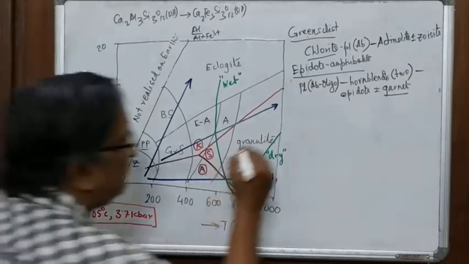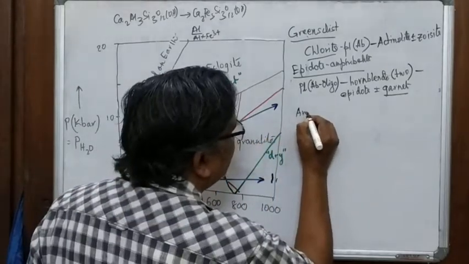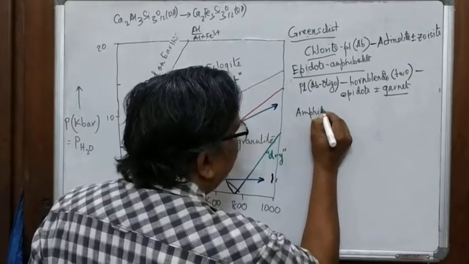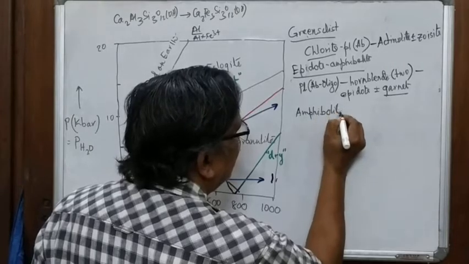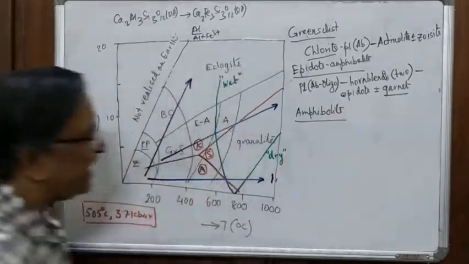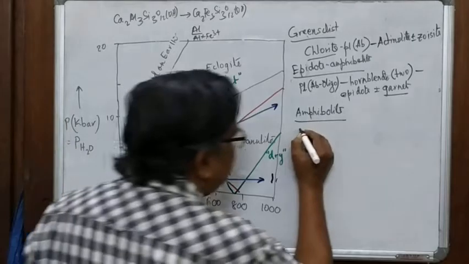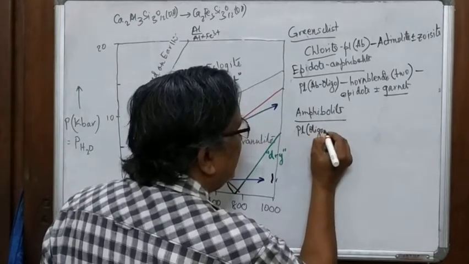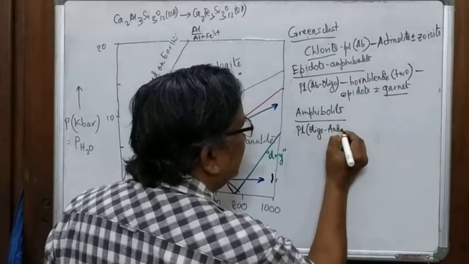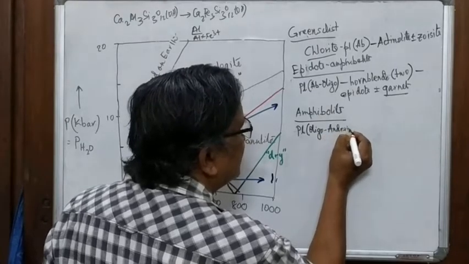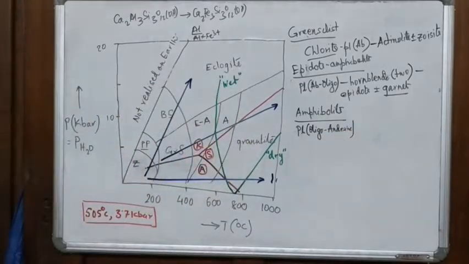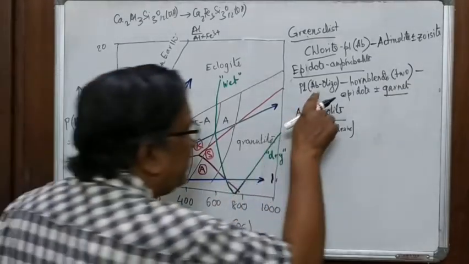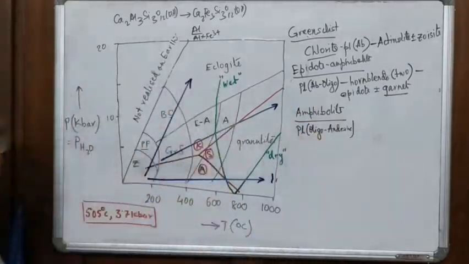Then we have amphibolite facies. Here the classic assemblages, again plagioclase, but this time oligoclase andesine in composition. Once again you see plagioclase gets calcified.